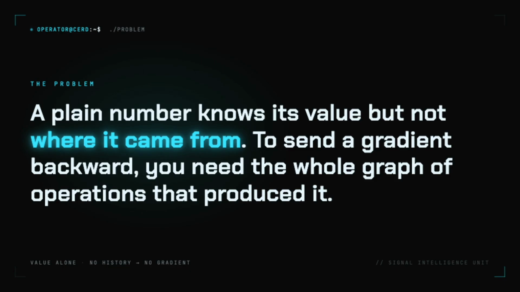And for us to walk a gradient backwards, every value has to remember its history. It has to remember what it was built from, and it has to remember how to pass a gradient back through those pieces. The plain number can't actually do that. So before we work out a single gradient or move forward, first we have to build a smarter number.